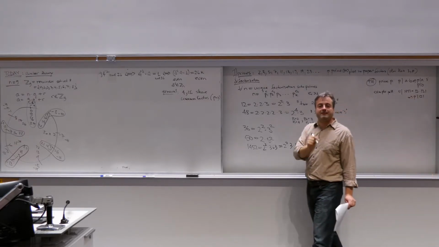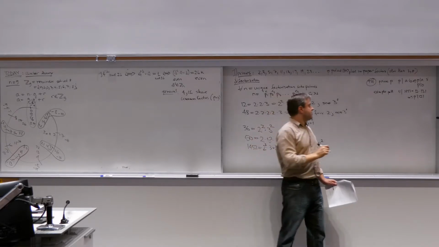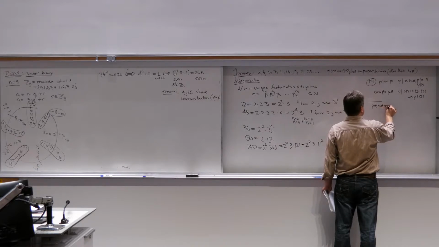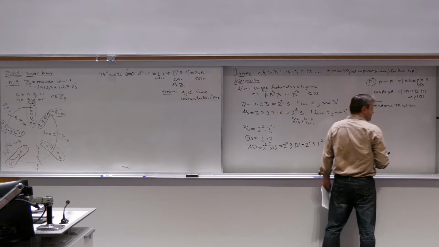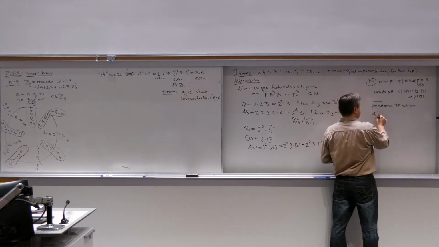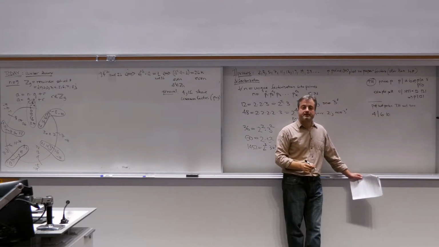This theorem is not true if P is not prime. For example, 4 divides 6 times 10. Is that true or not? How much is 6 times 10?